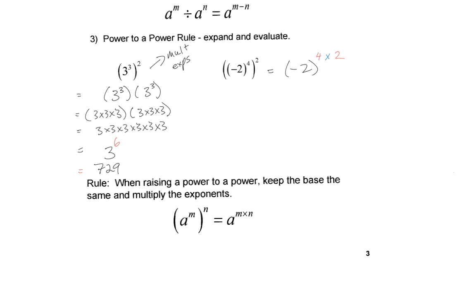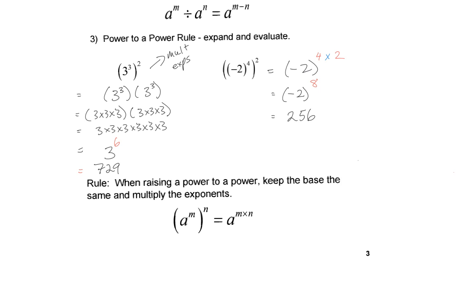Whatever's on the inside of the exponent is multiplied by the outside. So we get the following result for our new line: -2 all raised to the 8. And that comes out to be 256.